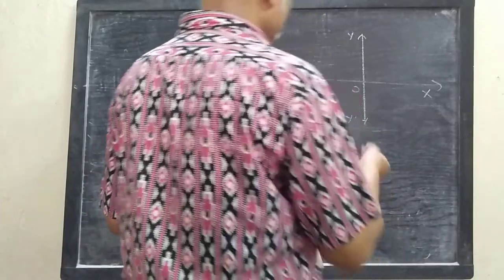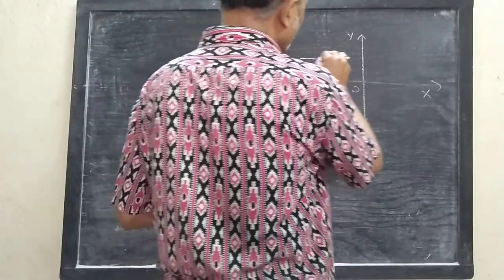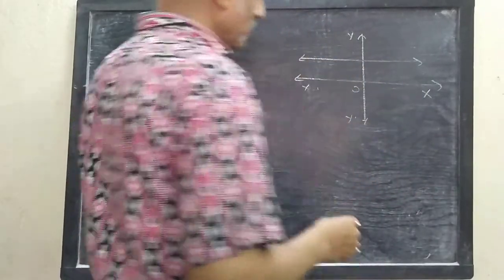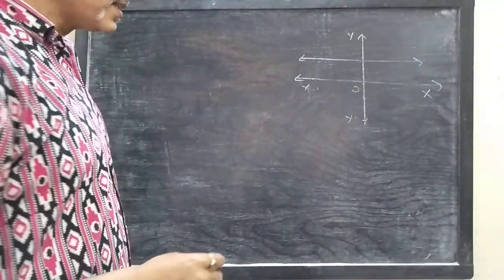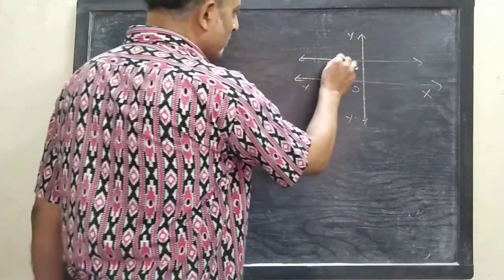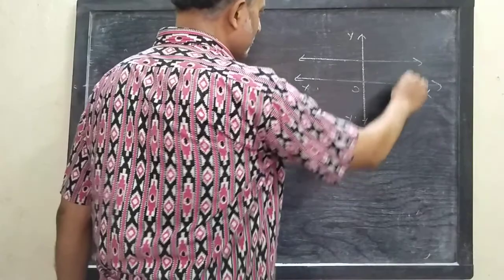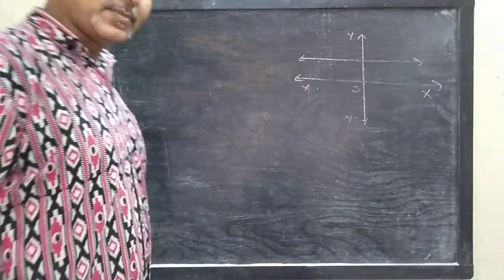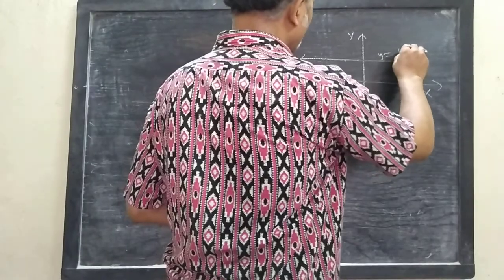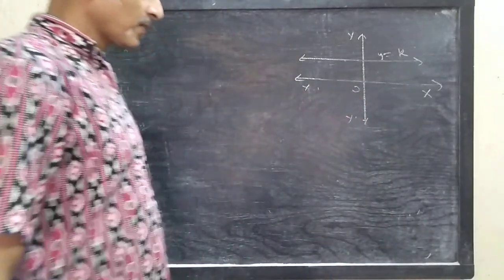Parallel to the x-axis, let us consider this line. And you know, when a line is parallel to the x-axis, its ordinate remains fixed, because all the points lying on this line have a fixed distance from the x-axis. So let us suppose the equation of this line is y equals k.